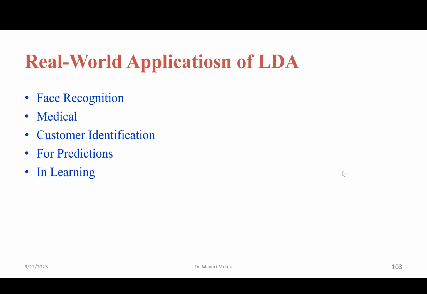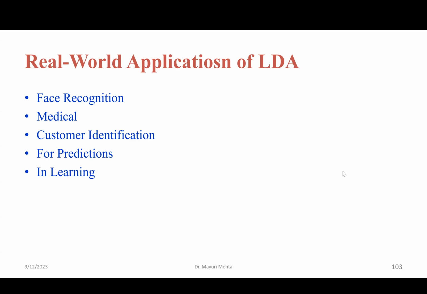Okay, the next is healthcare, the medical domain. In the medical field, this linear discriminant analysis has a great application in classifying the patient's disease on the basis of various parameters of patient health and the medical treatment which is ongoing.